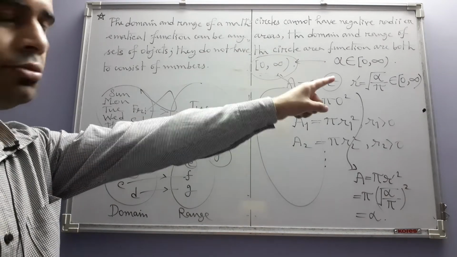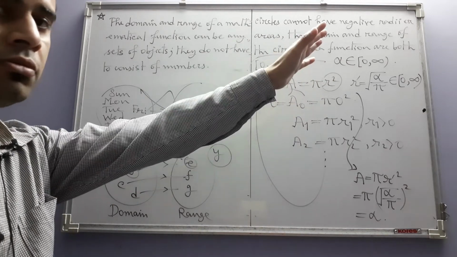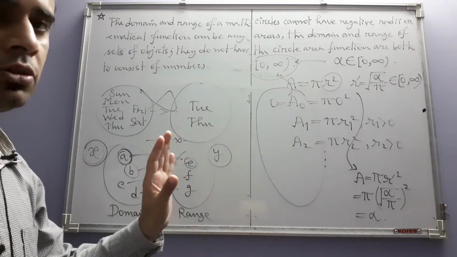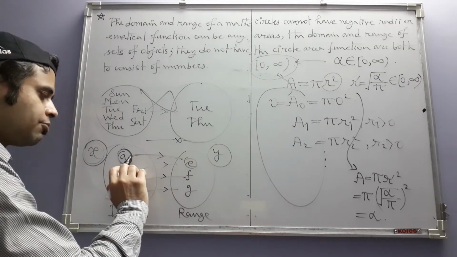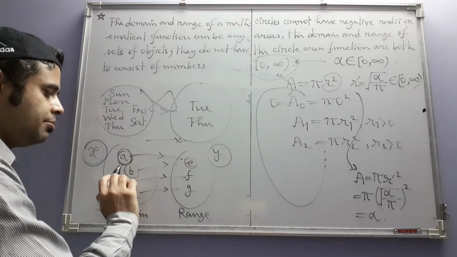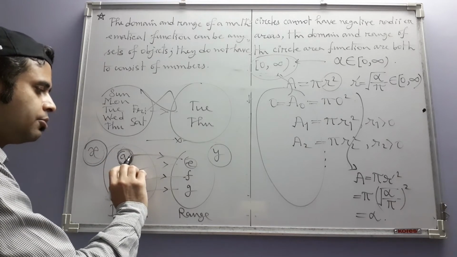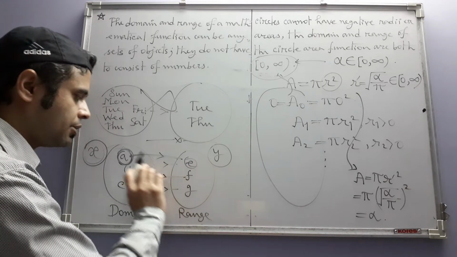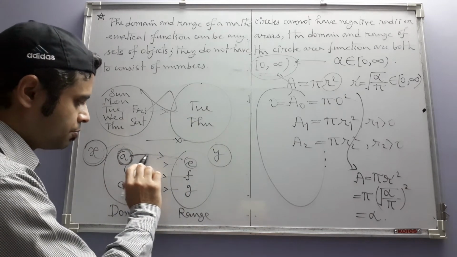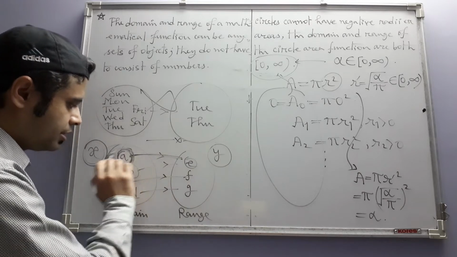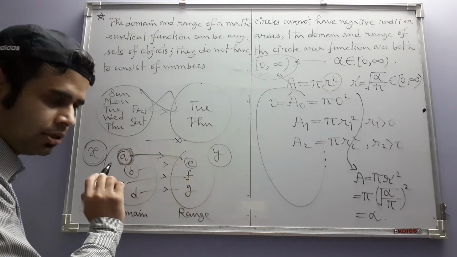For x equal to 4, we had two values of y, -2 and +2. That should not happen. From a single input, only one arrow should go out, not more than one arrow. So the output for a single value in the domain should be unique.